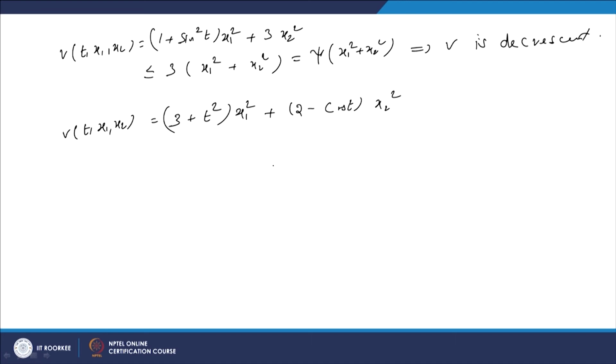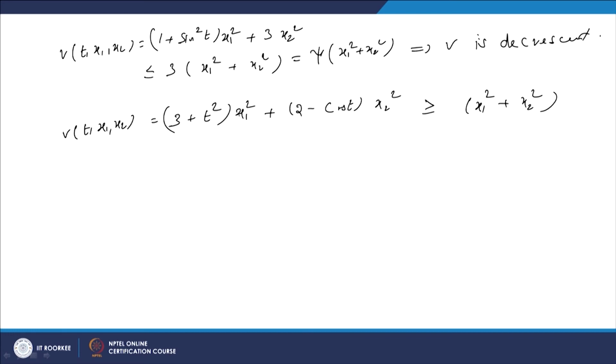So, this is positive definite because you can write it as greater than or equal to x1 squared plus x2 squared, because here cos t can be 0 and it can be minus 1 etc. So, this will be always greater than or equal to 2, and this is always greater than or equal to 3 for t greater than 0.